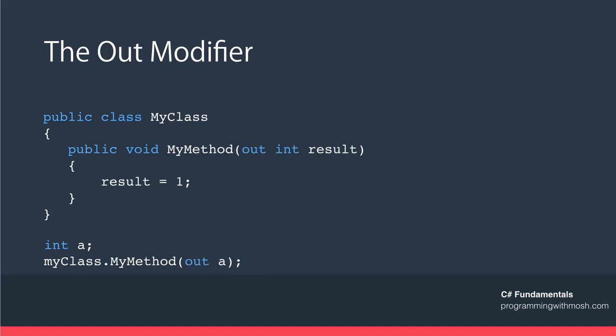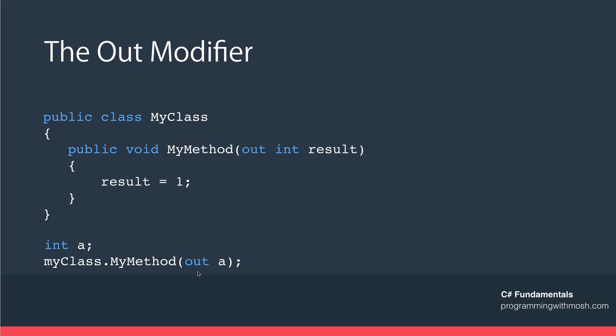Now let's take a look at the out modifier. Now, out modifier is slightly similar to the ref modifier in the sense that if a parameter is declared with the out modifier, as you see here, then in order for you to call that method, you also need to specify out when calling that method. But out is conceptually a little bit different from ref. What does it mean? That means with the out, this method can return a value to the caller.